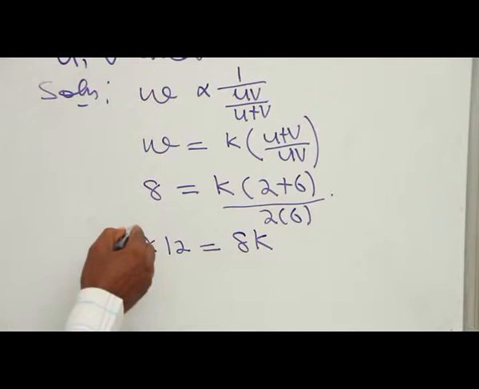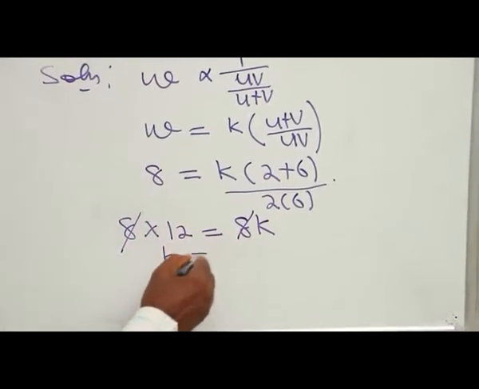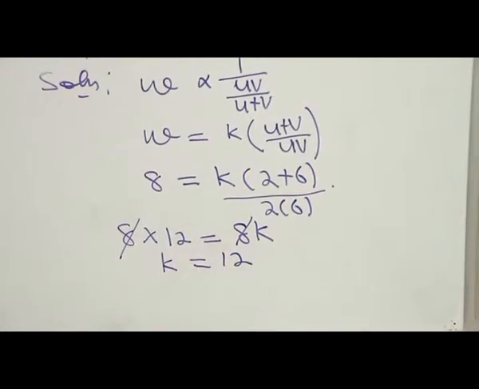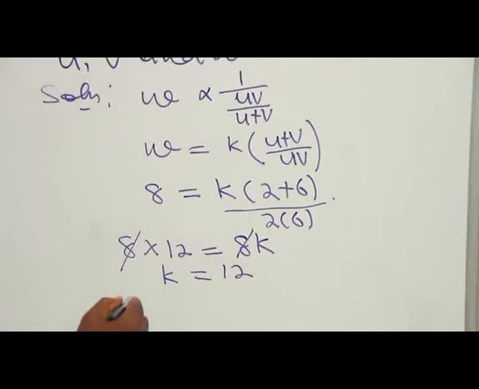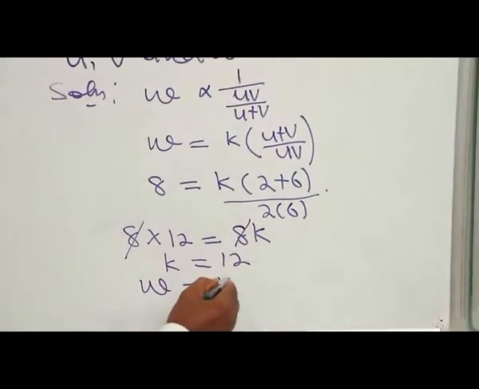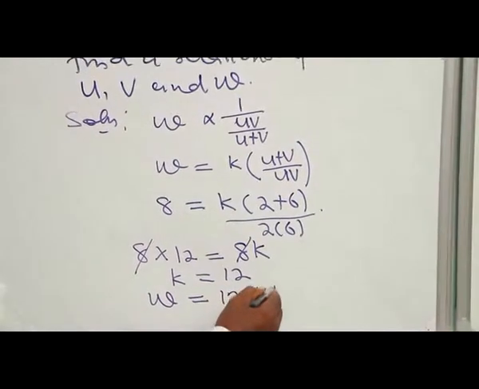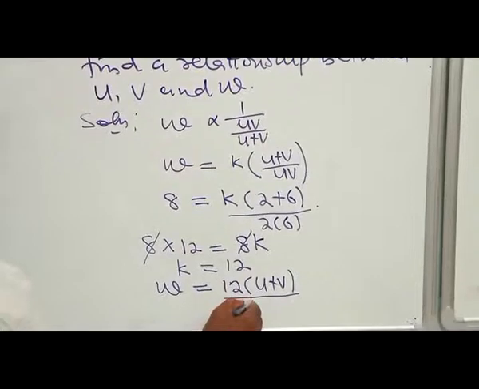So at the final stage, we have that our k is equal to 12. The relationship, therefore, will be w equal to 12 into u plus v all over uv.